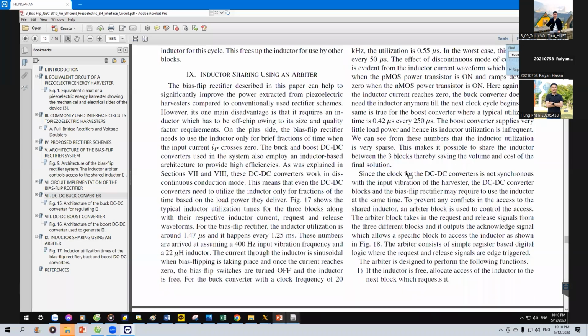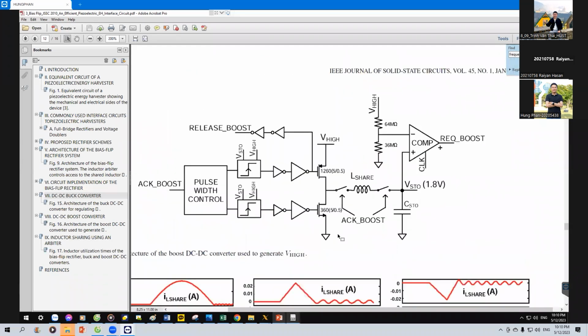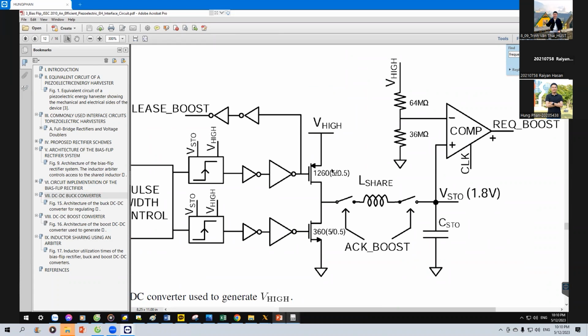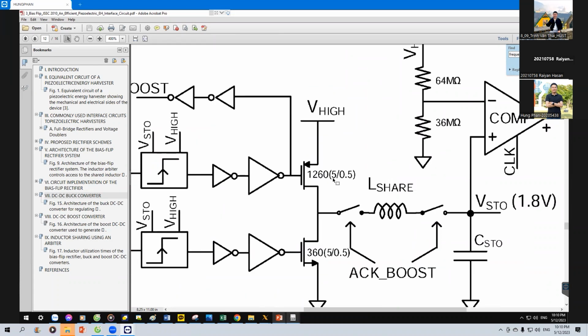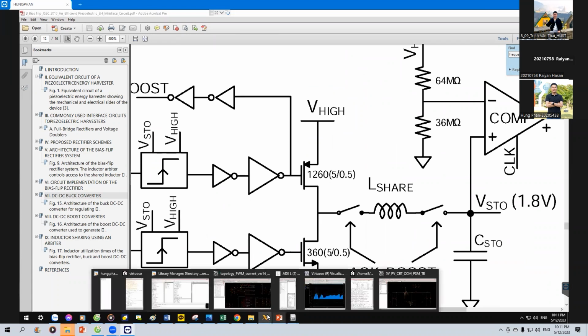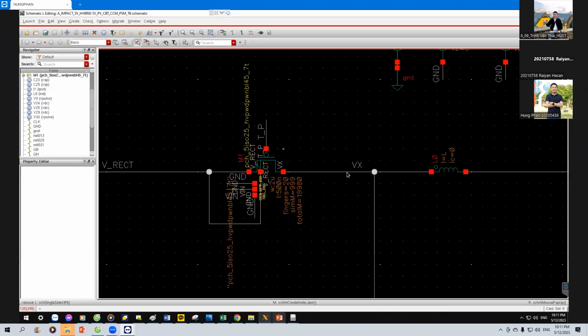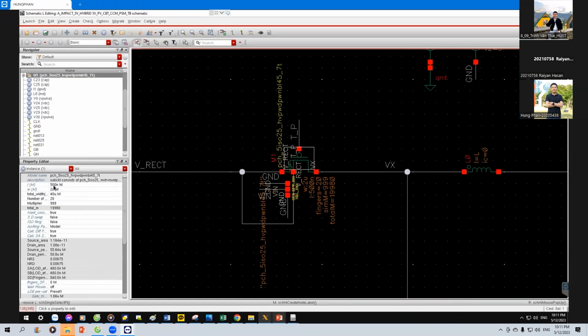So here, they already provide the switch size, right? There's PMOS size and NMOS size, right? 1260, and what does this mean? Here we have 0.5, right? We have 5, right?